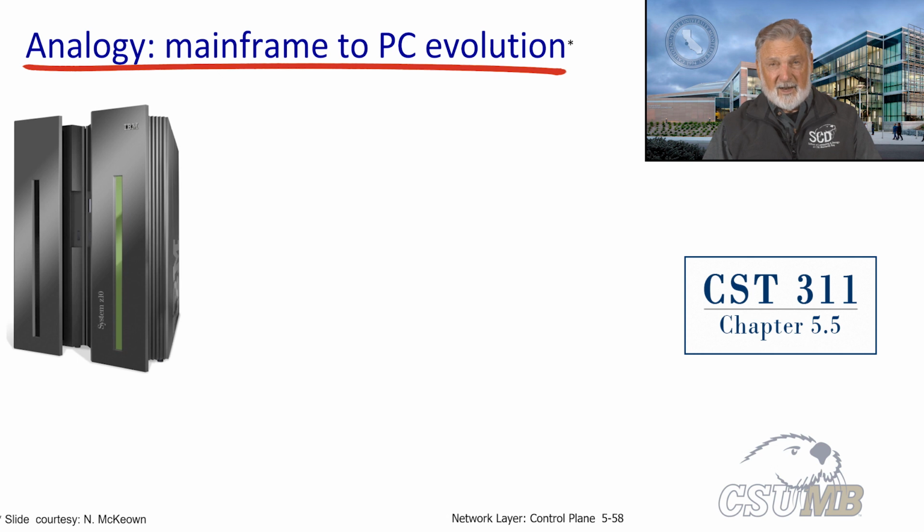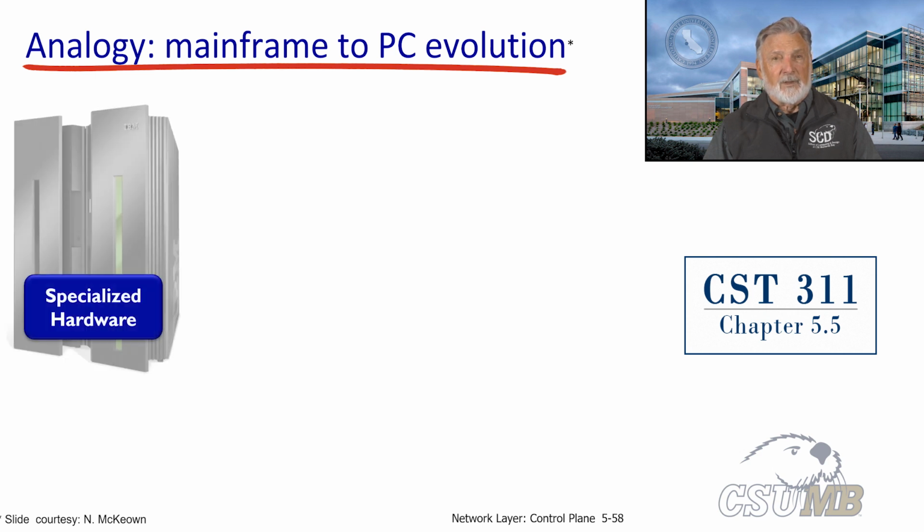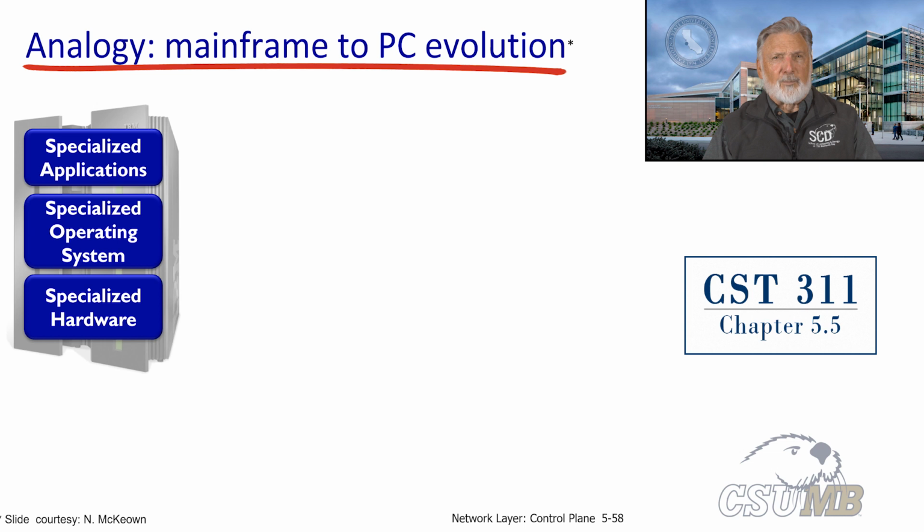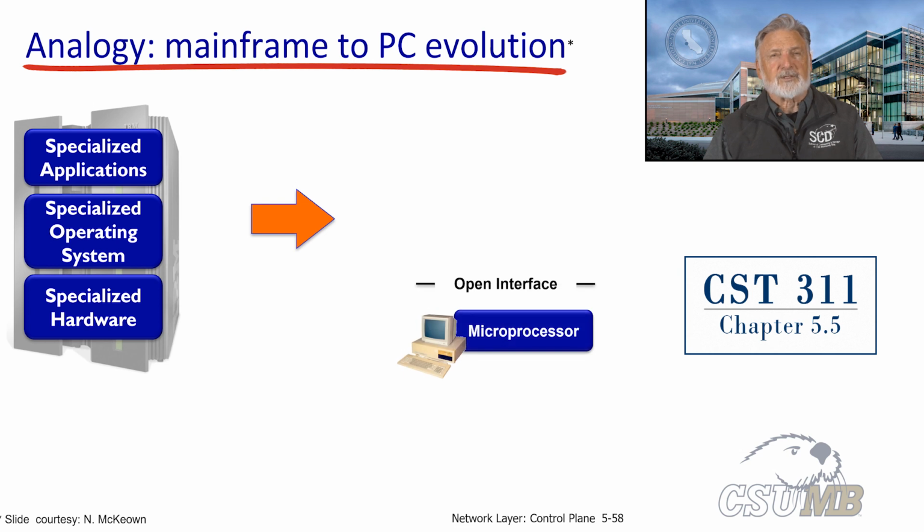What is happening to the network layer is analogous to the evolution of mainframes to the PC in the 70s and 80s. Mainframe computers were proprietary with totally closed interfaces. Applications ran on an operating system and hardware provided by a single vendor. The development of the microprocessor in the 1970s changed things.